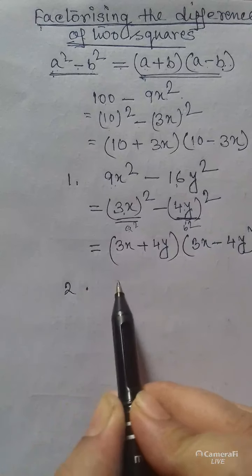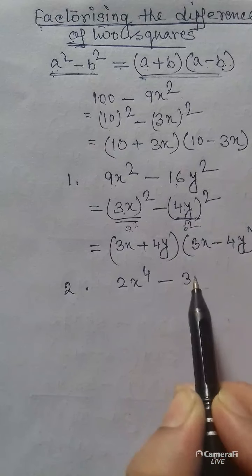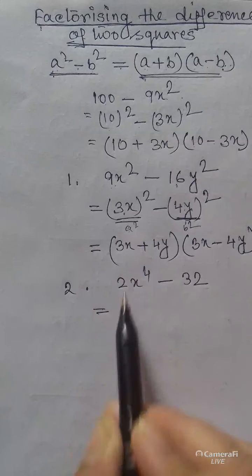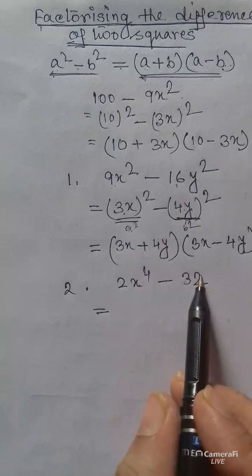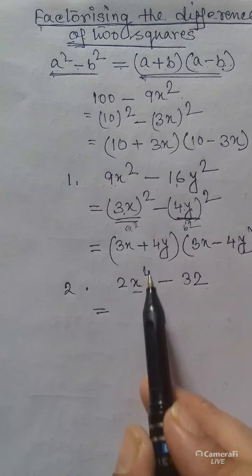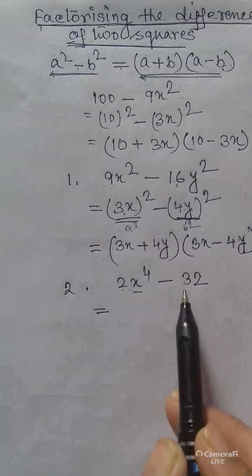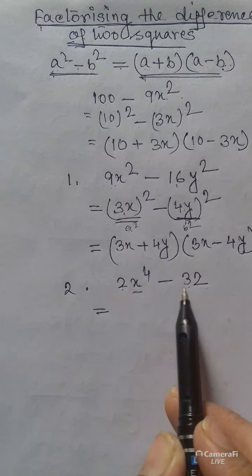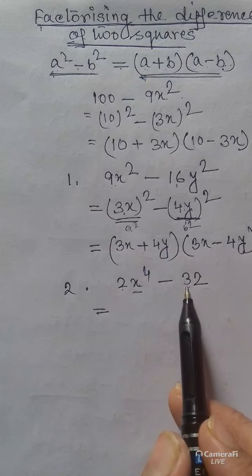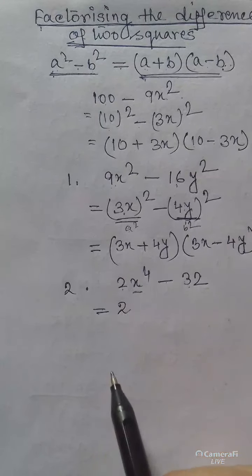Another math: 2x to the power 4 minus 32. x to the power 4 is x square whole square, but 2 is extra, and here this is 32. So first we take common 2.